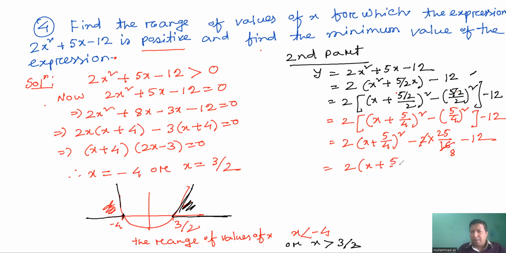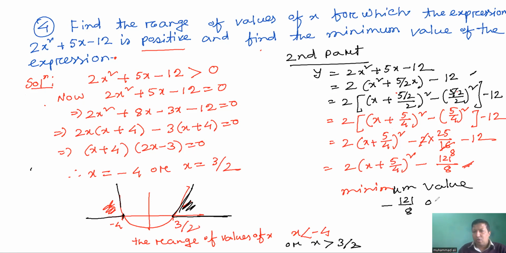Now if we add, we get minus 121/8. So this value will be the minimum value. So the minimum value will be -121/8 or -15 1/8.